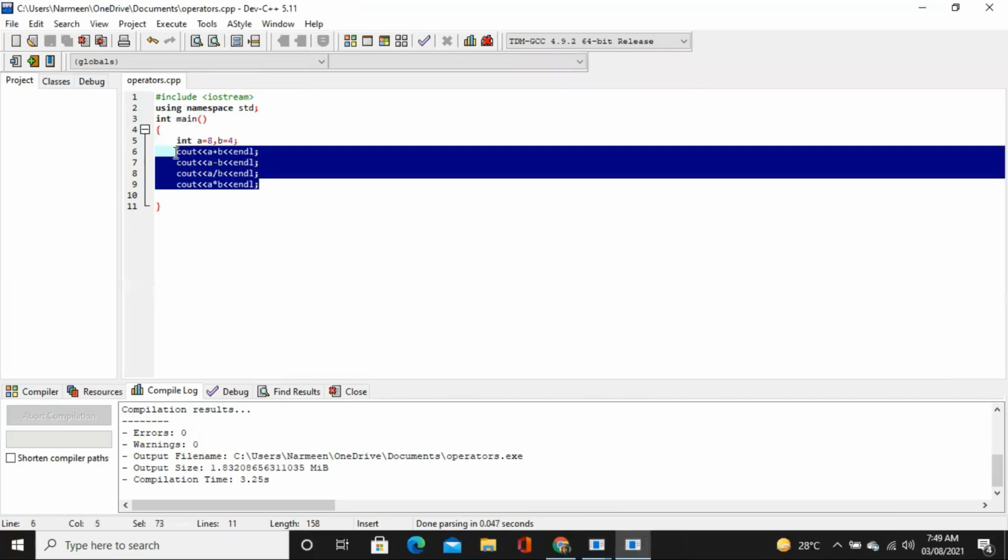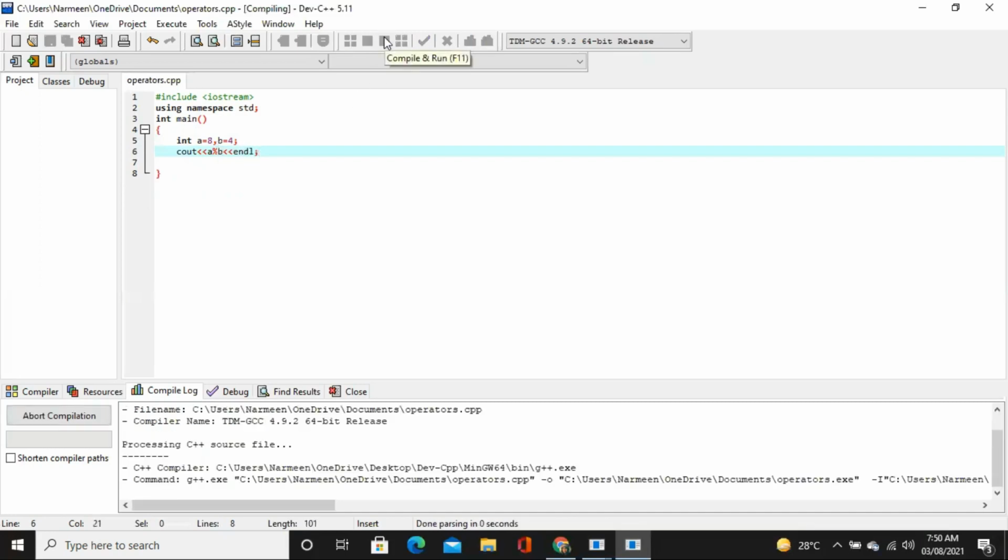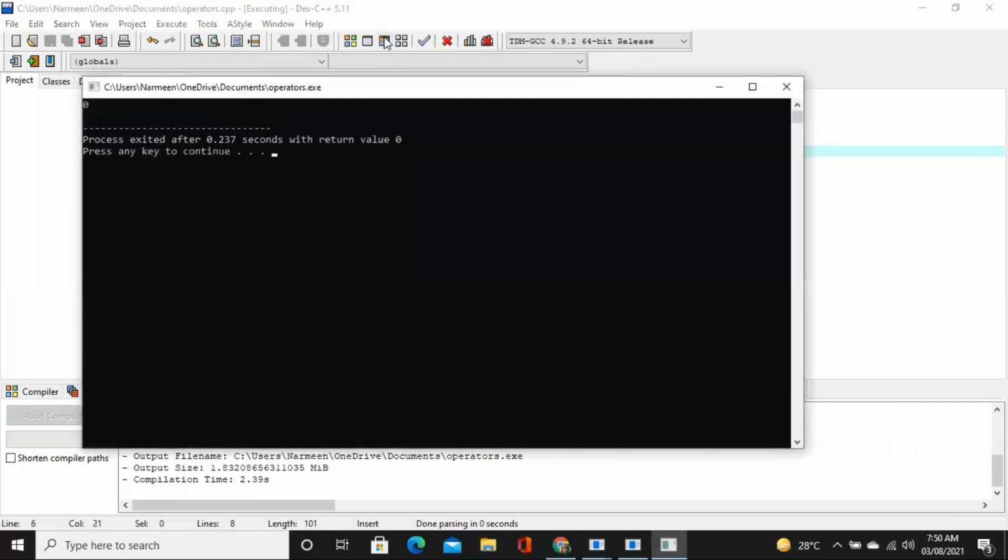When it comes to the modulus operator, you should pay a little bit more attention. The modulus operator is not a /, but the actual percent symbol. If you ran that, you'd see that this would display 0 for you, and I am going to explain that in just a second.